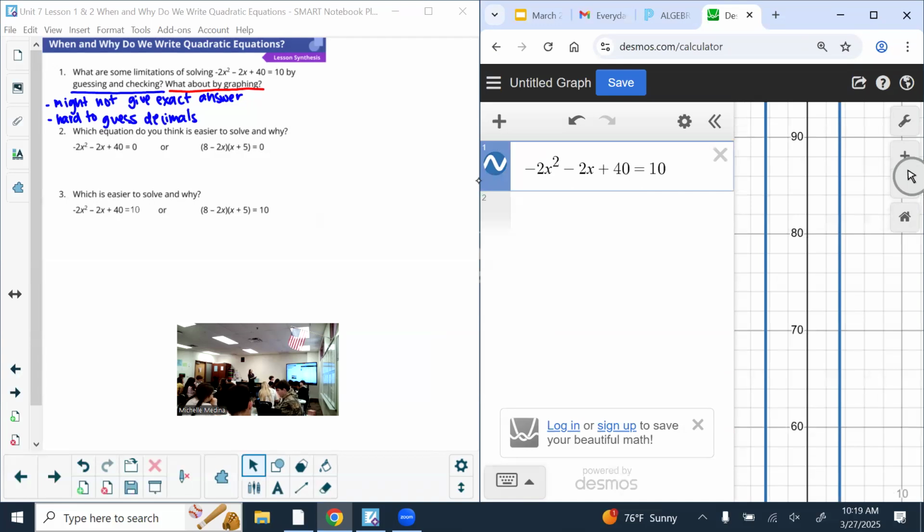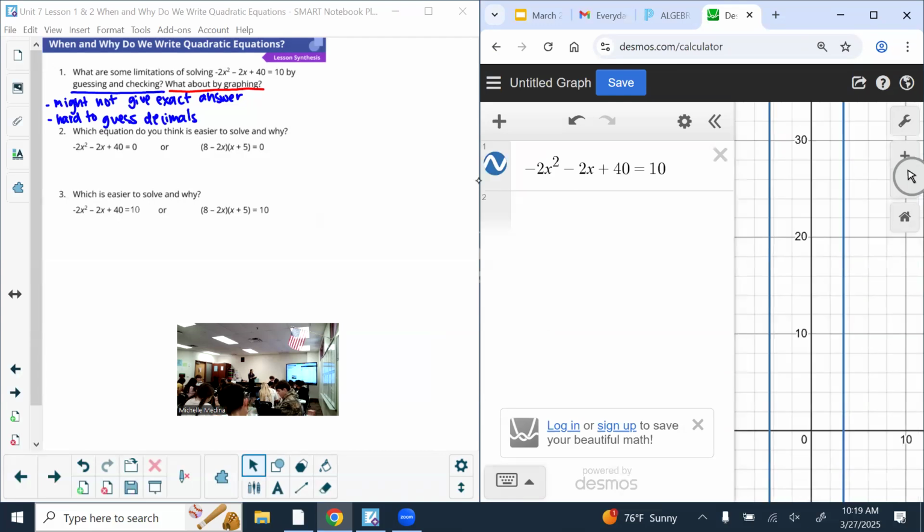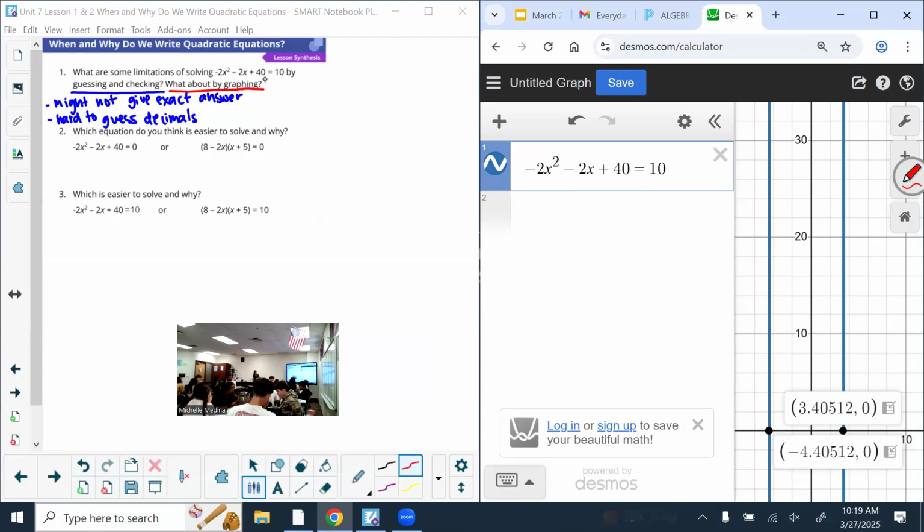Can I see the U shape? Right? No. Can I see the x-intercepts? Can I see the solutions? Yeah, that's just about all you can see though. So graphing something like this, I don't know about for limitations, but the graph can be confusing.